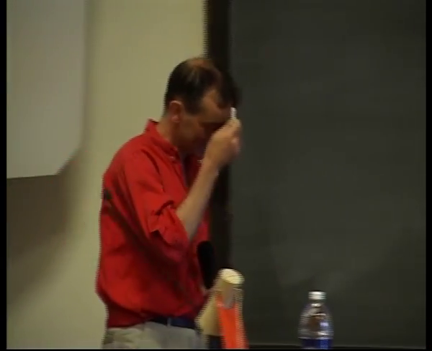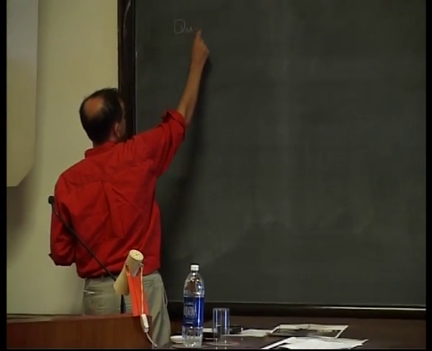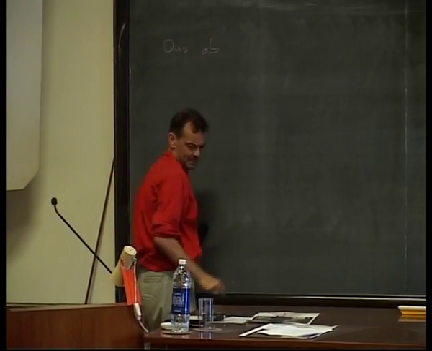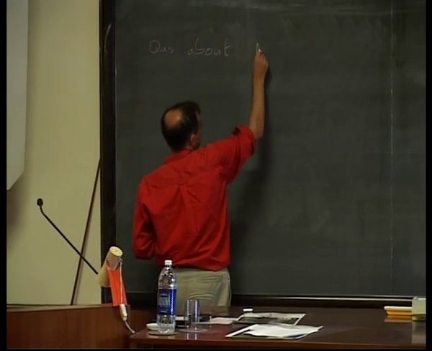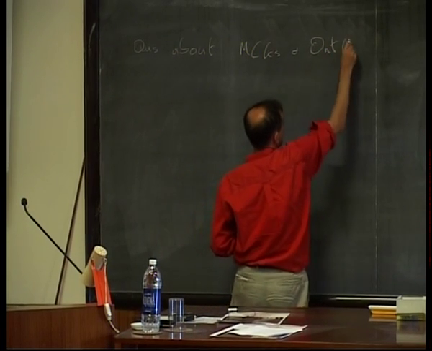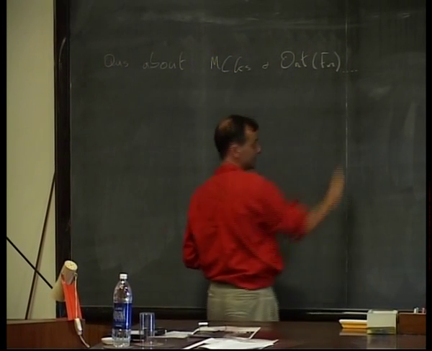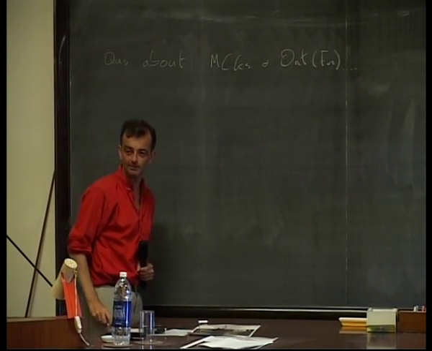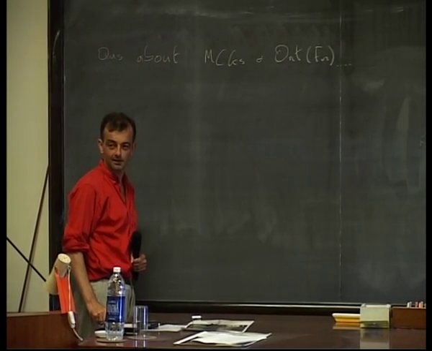Okay, so, well, first of all, for questions about mapping class groups and Out(F_n), there's some nice sources for this. Actually, I should ask Aladdin. On your webpage, do you have a list of?